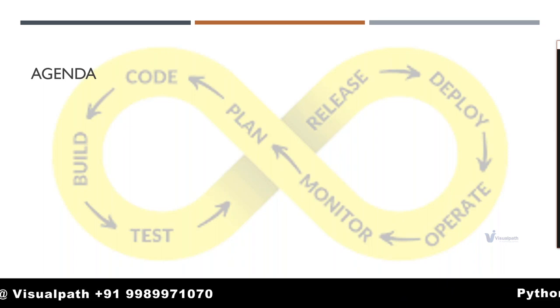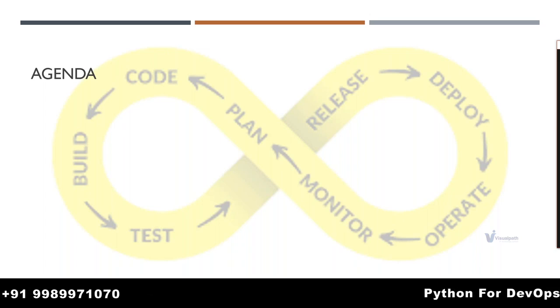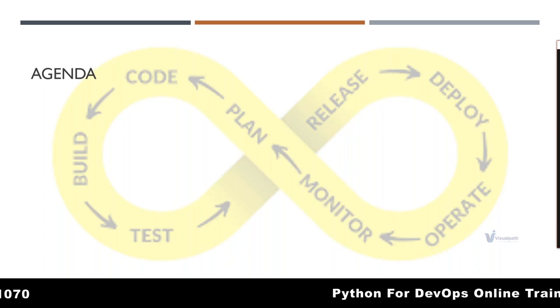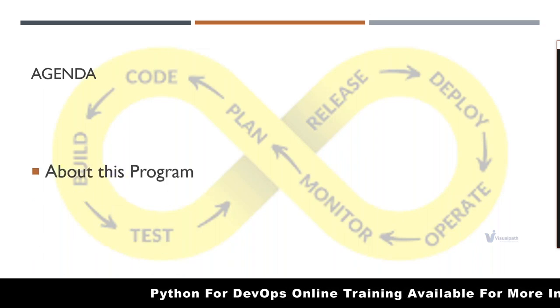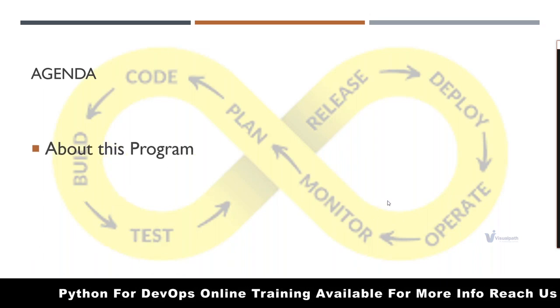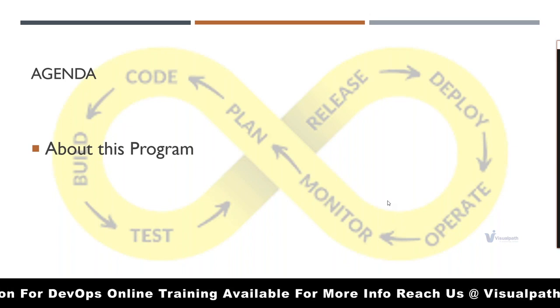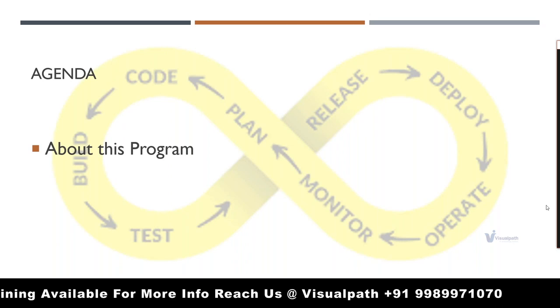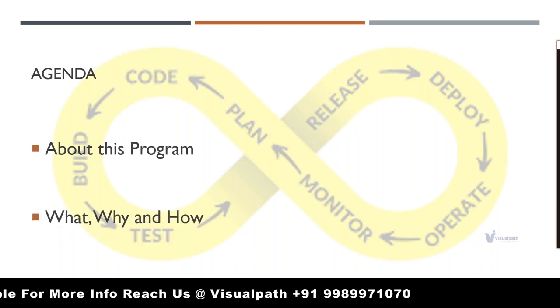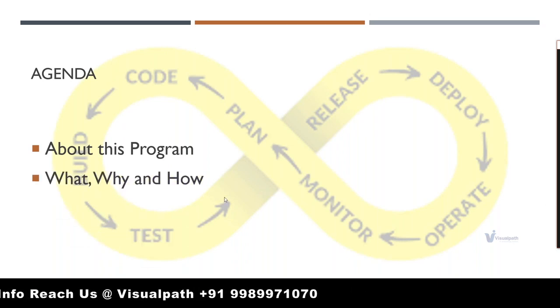So that is brief about myself. Let us quickly come back to our program. Here we will go through the agenda of this meeting. I would like to tell what this program is about, how this program came into picture, how we designed this program, and what, why, and how.